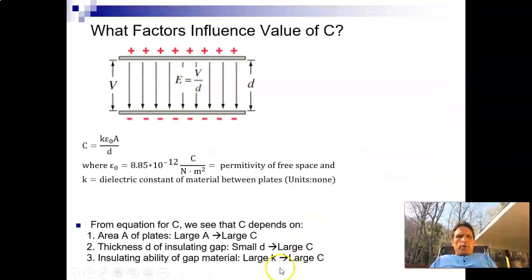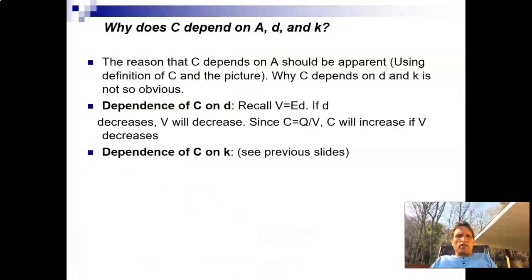So we want a big area, we want large plates, we want a small thickness, right? So in other words, we want the plates close together with just a tiny gap of insulating material in between. And then finally, we want a large dielectric constant. We want a material which will reduce the electric field by a lot. And so these 3 factors come into play when you're designing a capacitor.